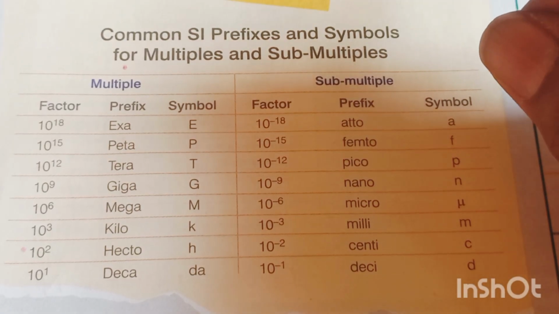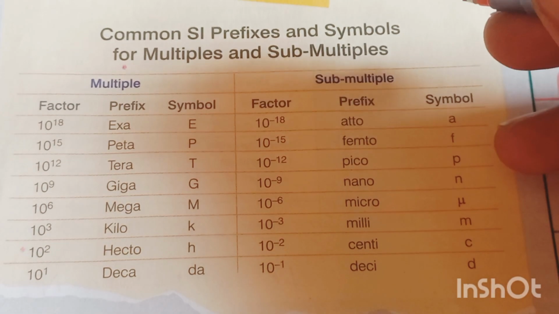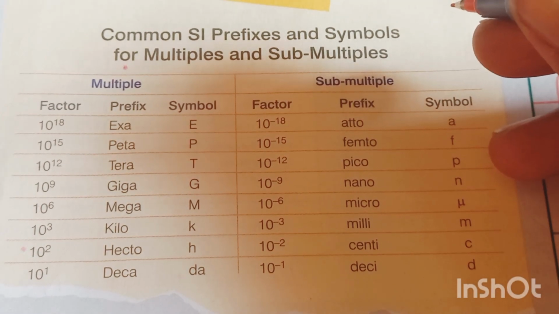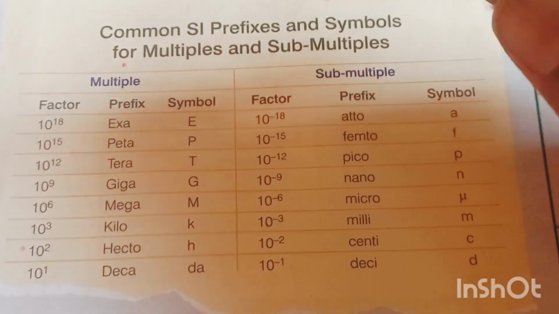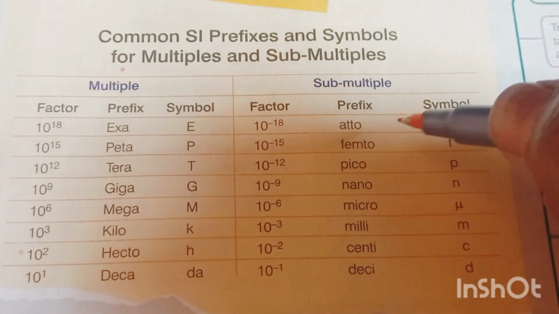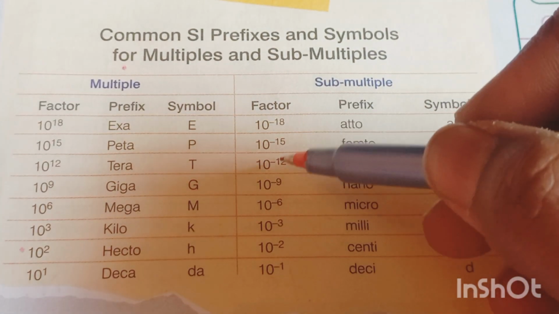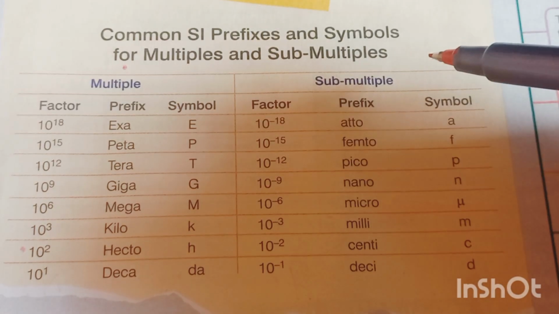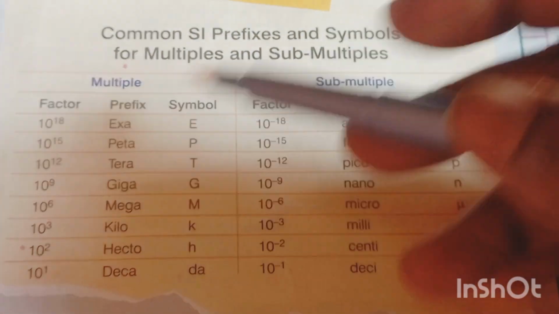Macro is nothing but the higher order, that is 10 to the power of plus. Micro is in the minus. These are the small parts, submultiples, and these are the multiples.